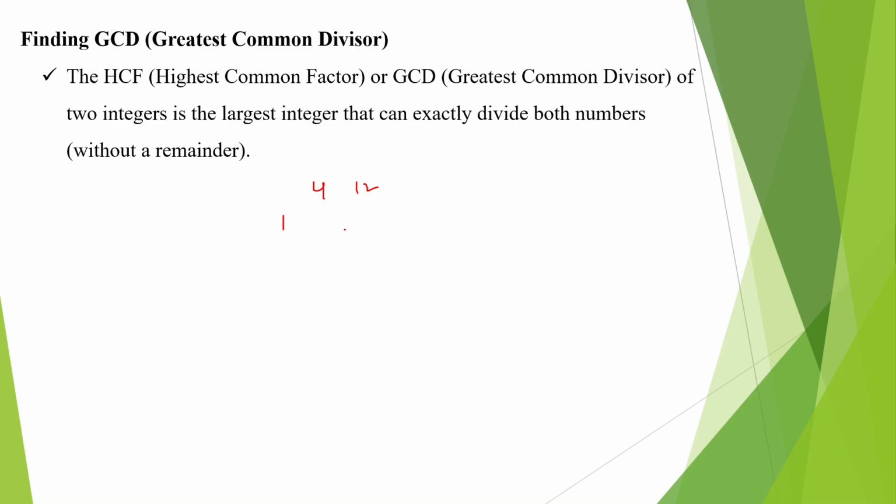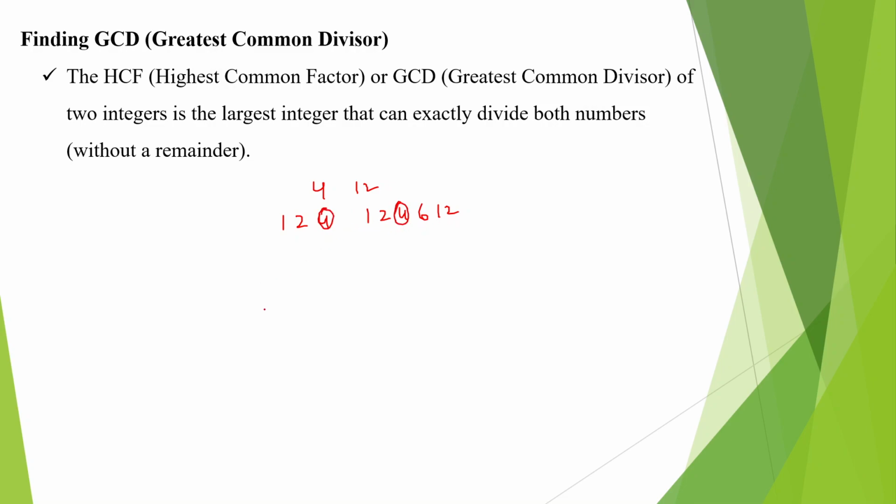Here the factors of 4 are 1, 2, 4, and the factors of 12 are 1, 2, 3, 4, 6, 12. The common highest factor is 4, so 4 will be the result.